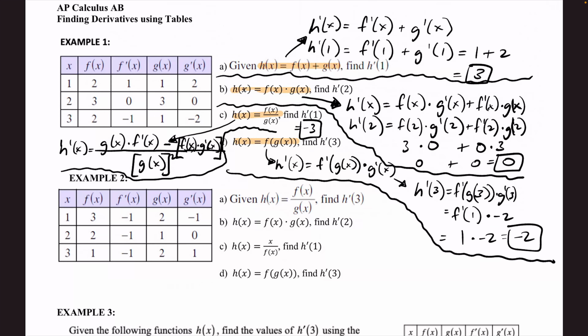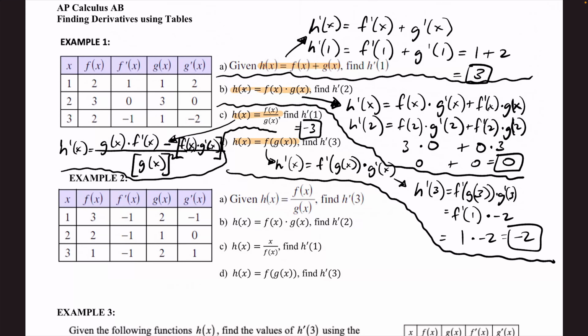Okay. All right. Example 2 is very similar. The only difference is I think C is a little different. I can do C with you, but I want you to do A, B, and D. Yeah, it's doable, but it's not the same as what we did on top. 2C is a little bit different, but it's not really anything crazy.